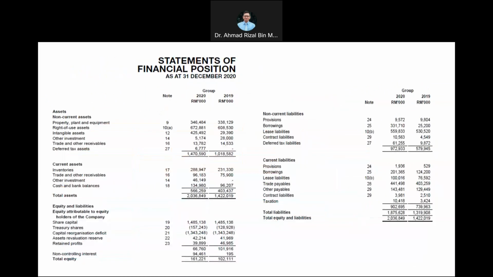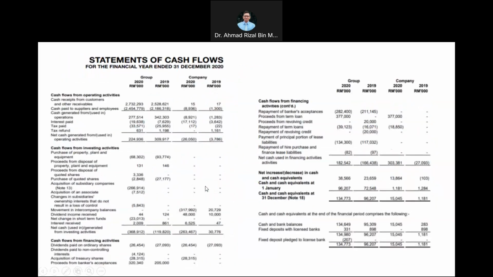If you look at the cash item here, 134,980, after taking into account the FD here. All right, so that is the accounting statement of cash flow.